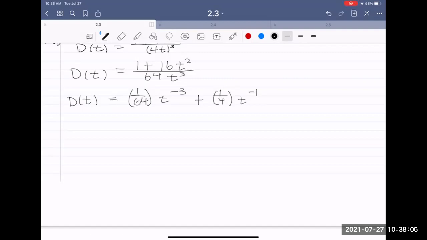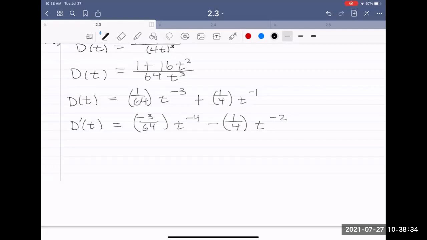And now let's differentiate. Remember that a derivative is linear. So I'll bring down the negative 3 out in front, subtract 1 from the exponent. Bring the negative 1 out in front, subtract 1 from the exponent. And you're done.